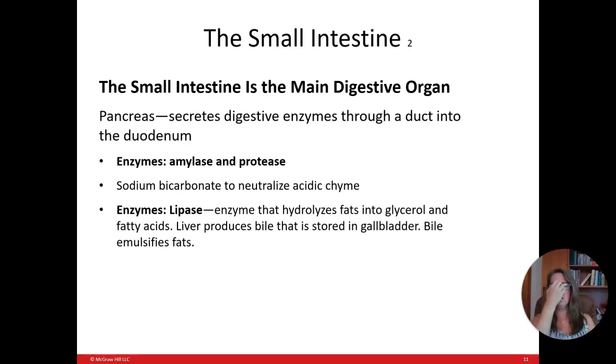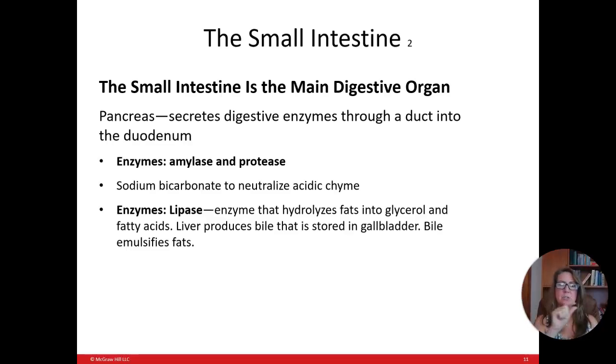Okay, so let's talk about the digestive enzymes in the small intestine. So we know that the pancreas is really helping out a lot because it's secreting digestive enzymes, which include 2 big ones, pancreatic amylase, pancreatic lipase, and then we also have protease. So pancreatic amylase is going to break down the maltose into basic subunits of glucose.